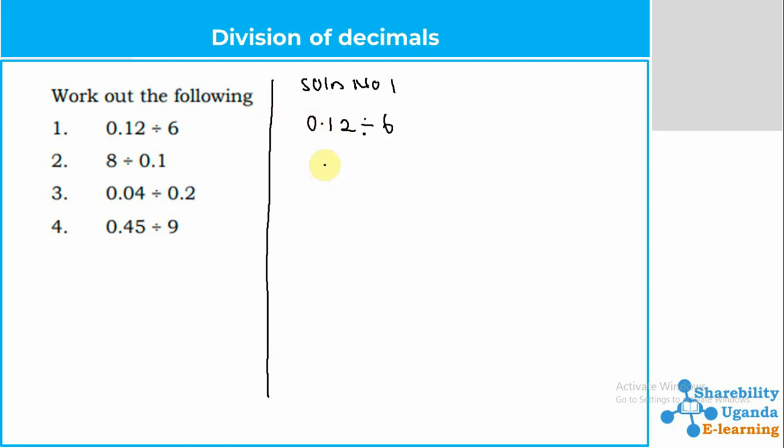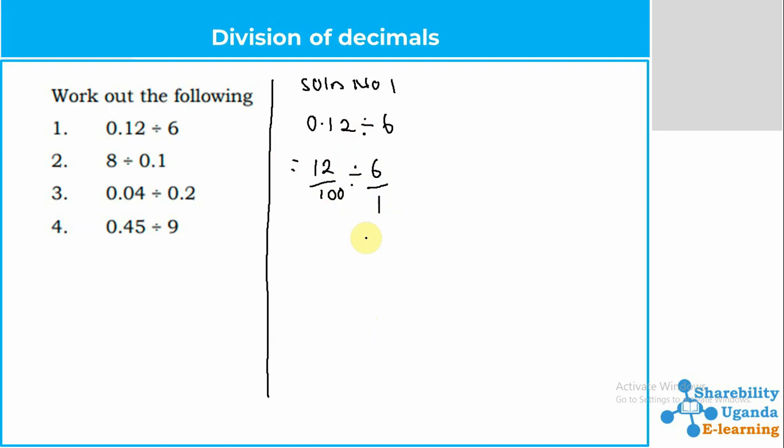Number one, we said when you are given a number like this, this one is not a fraction. So this simply means we can now say that we can say our 12 out of 100, we divide this by 6 out of 1. Is that right? Out of 1.